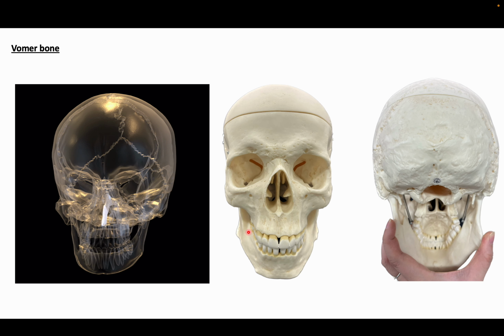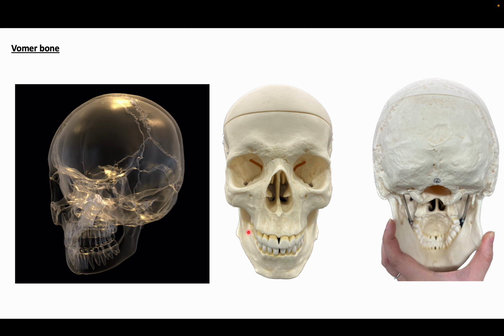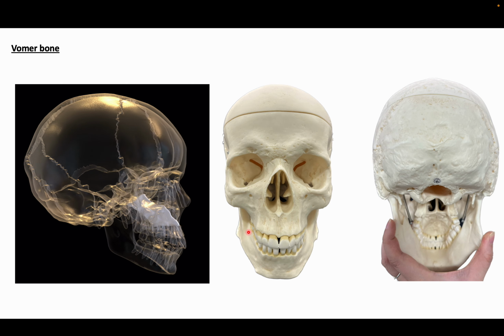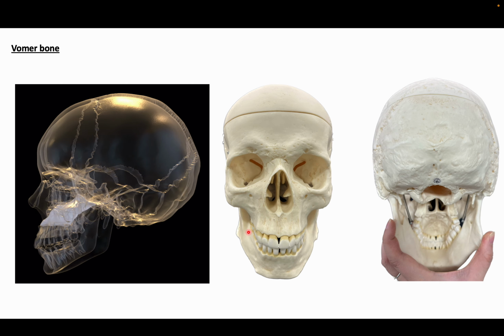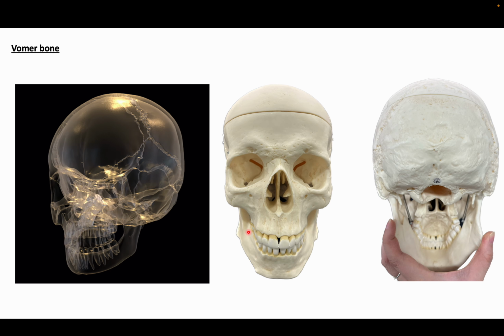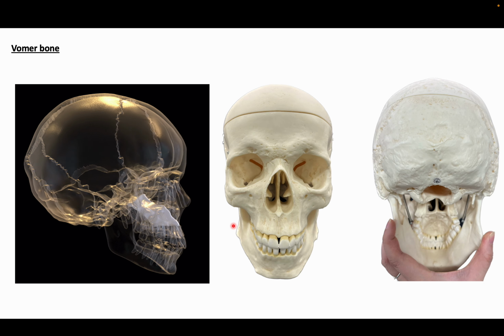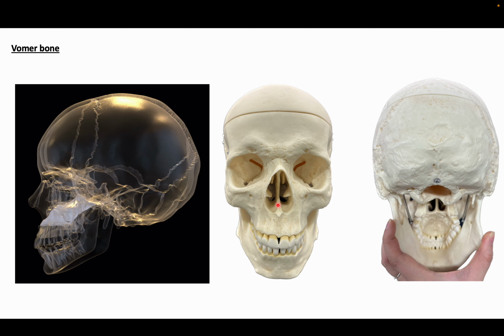So with the nasal bone, underneath it, we also have the vomer bone. Now, the vomer bone is one single piece of bone. Unlike the nasal bone that I showed you earlier, which is two bones that are connected, the vomer bone is a very thin and flat bone that you see right here. From this diagram, you can see that this portion right here is the vomer bone.